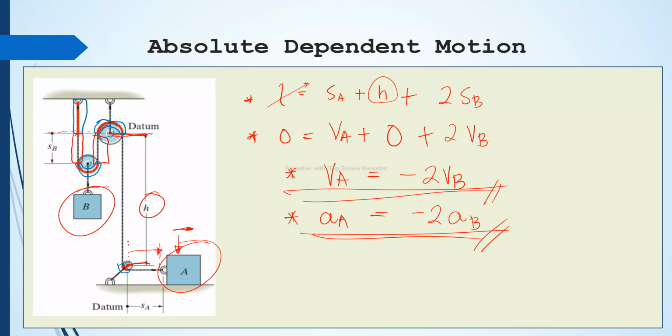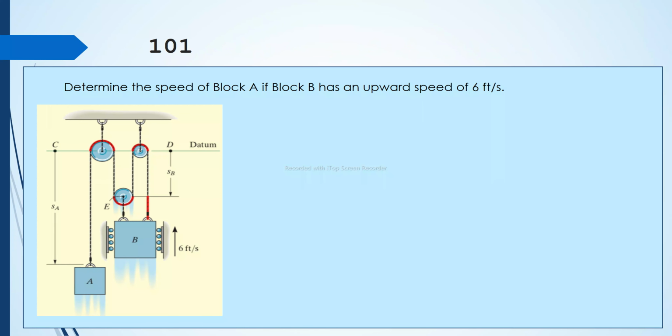Now, so we can understand this more clearly, let's proceed with our first example. Here we have two moving particles or objects. For us to determine the speed of block A, if block B has an upward speed of 6 feet per second. So don't forget the units.